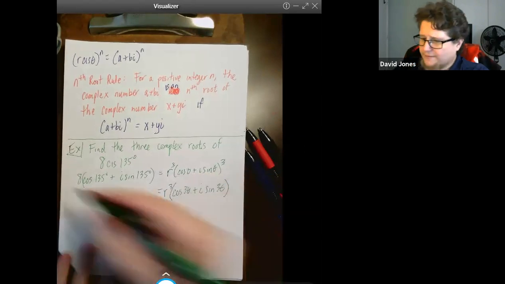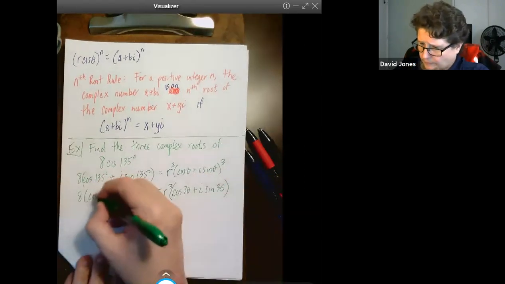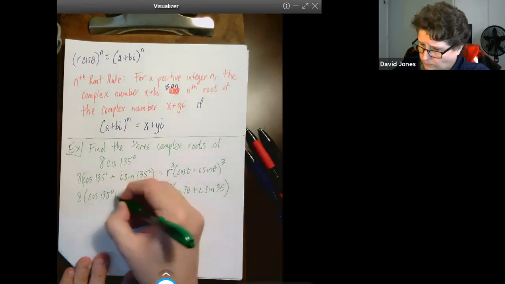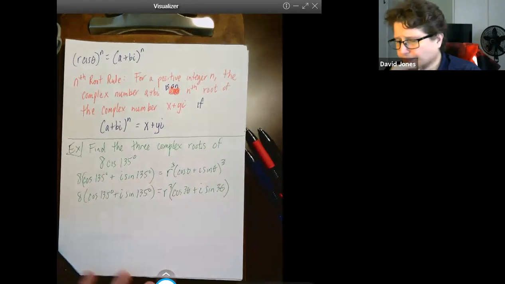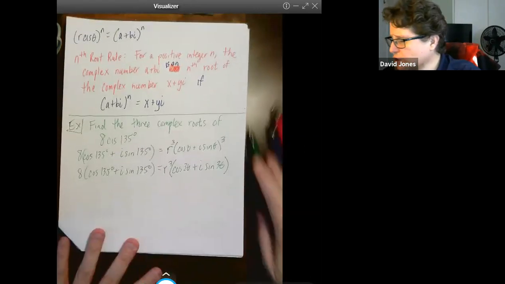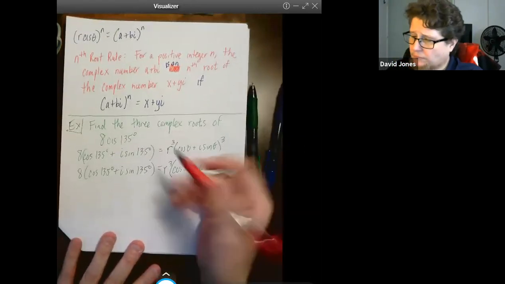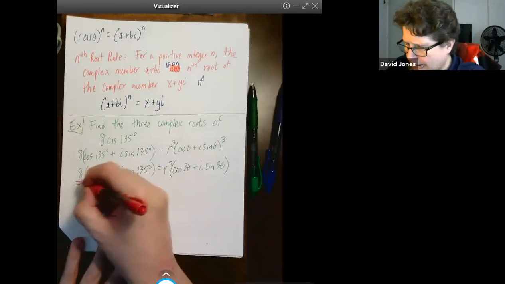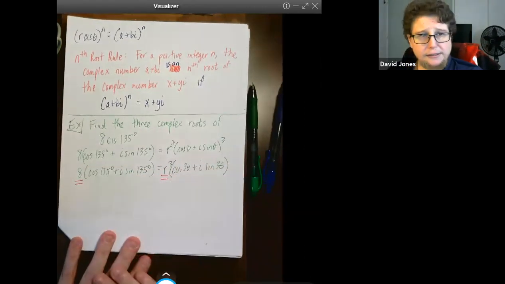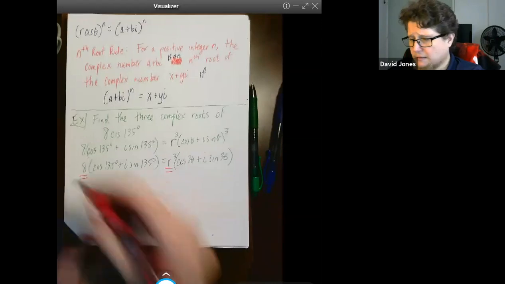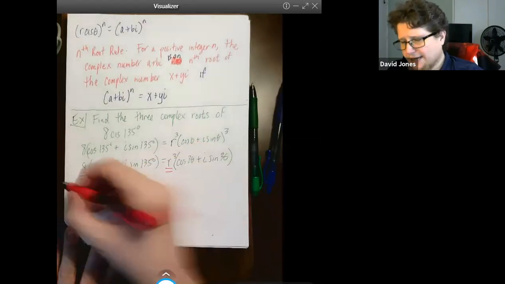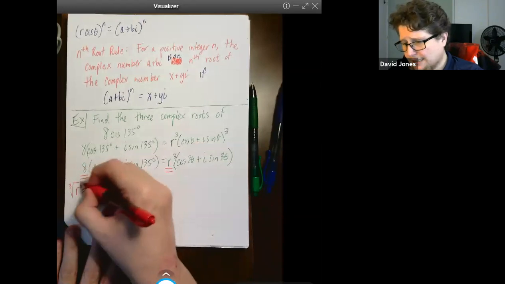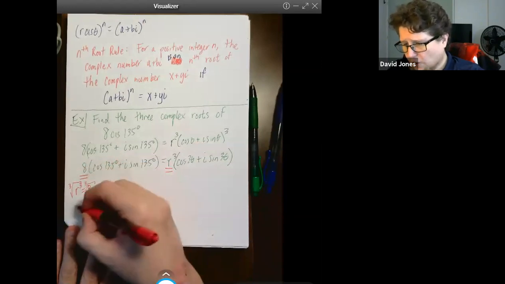That was de Moivre's theorem. And so what we do is we start matching up stuff. 8 matches up with r cubed, so r cubed equals 8. And if I take the cube root of both sides, I get r equals 2.